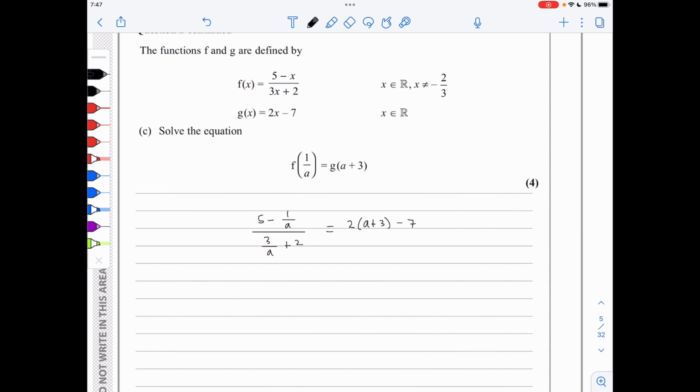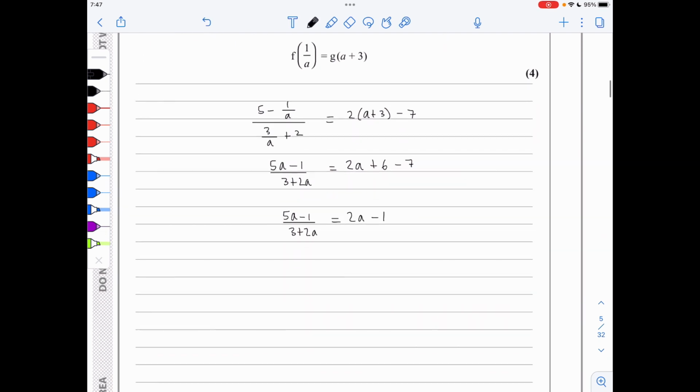So this leads to 5a minus 1 over 3 plus 2a, which is equal to 2a plus 6 minus 7. So 5a minus 1 over 3 plus 2a is equal to 2a minus 1.